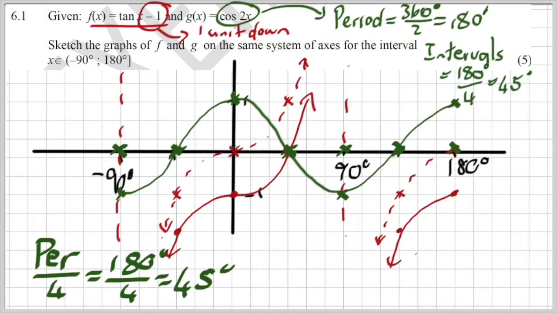And then every 45 degrees something special happens. So from 1, you see it goes down to 0 at 45. At 90 it goes to -1. Please remember, it has an amplitude of 1. And there, ladies and gents, you've got 5 marks in your pocket.